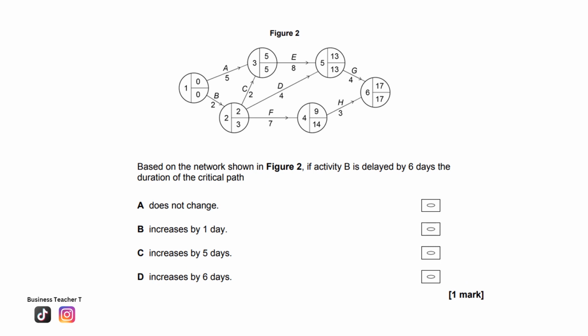On to a follow-on question. Based on the network shown in Figure 2, if activity B is delayed by 6 days, the duration of the critical path A. does not change, B. increases by 1 day, C. increases by 5 days, or D. increases by 6 days? And the answer is C. Increases by 5 days.